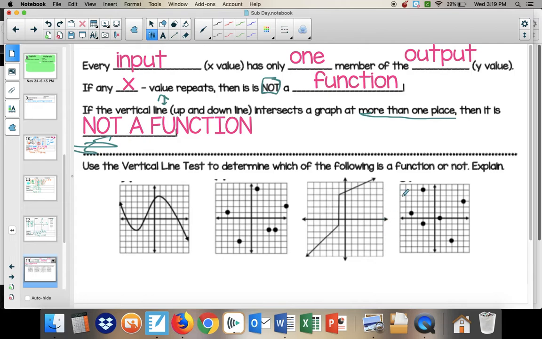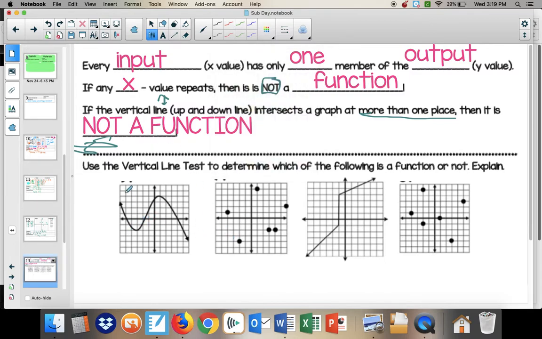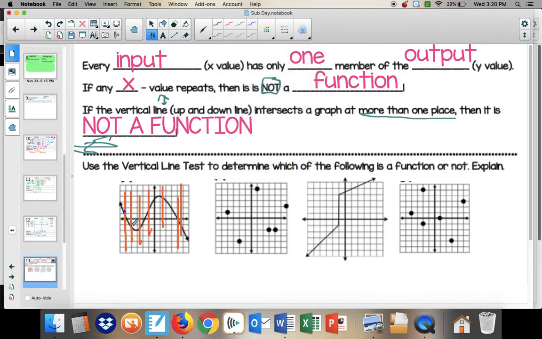So when I look at these 4 graphs, I'm going to do a vertical line test, meaning we are going to look at it going straight up and down. So if I draw throughout all of my graph, I see that it only crosses one time on my line.